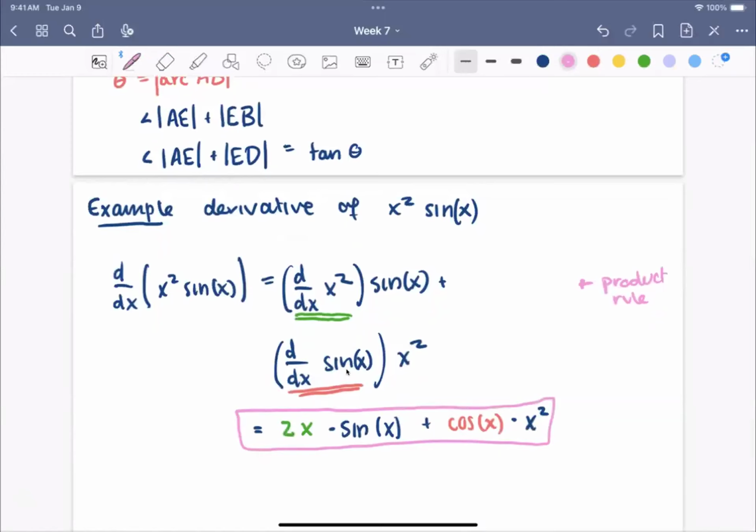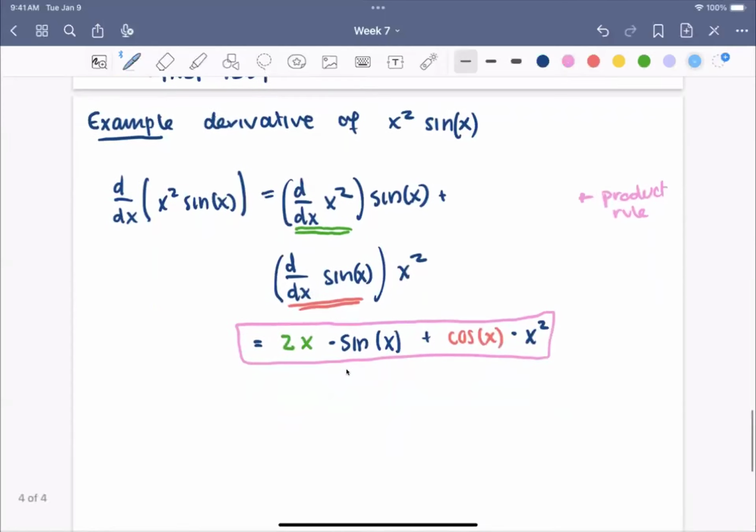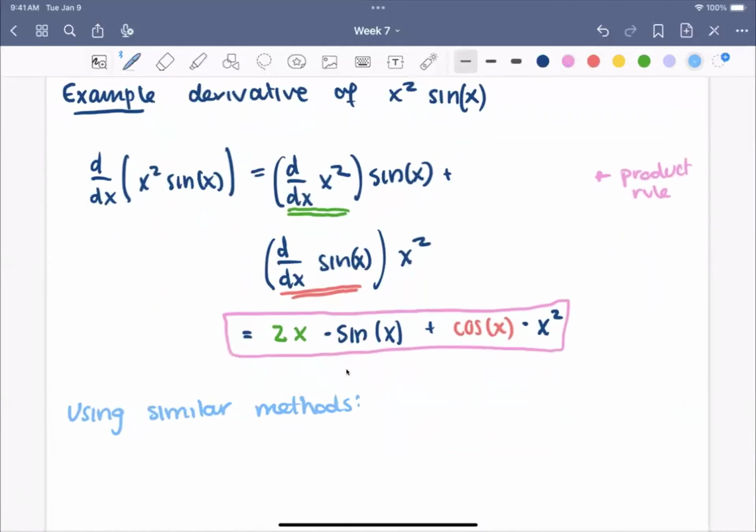Okay, let me just tell you what the derivative of cosine x is. Using similar methods to how we took the derivative of sine x, you can also find the derivative of cosine x, and it is the following: d dx of cosine x is minus sine x.